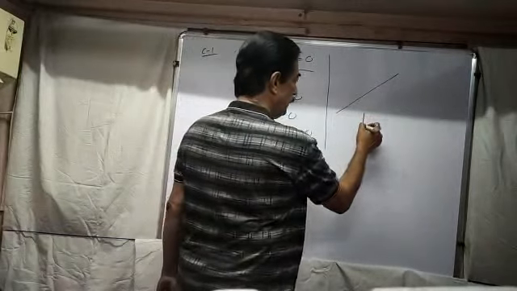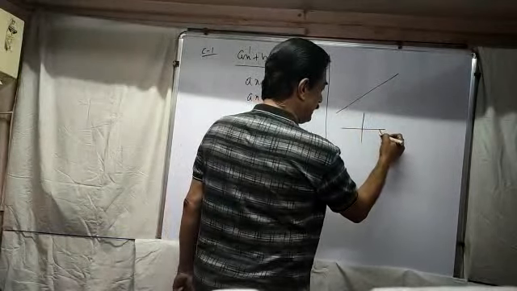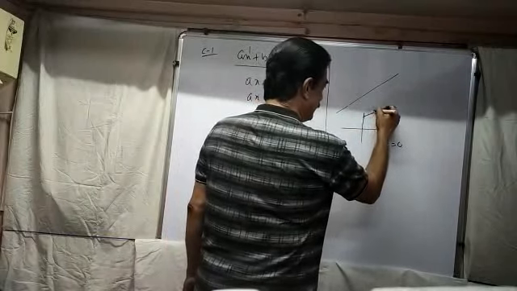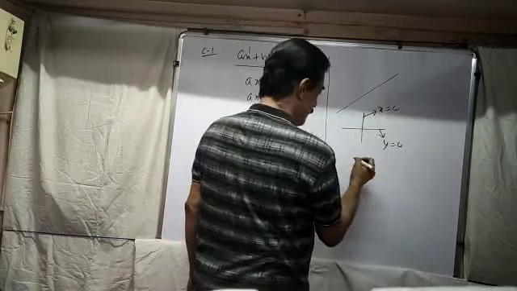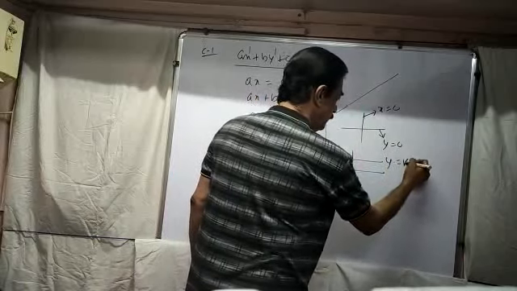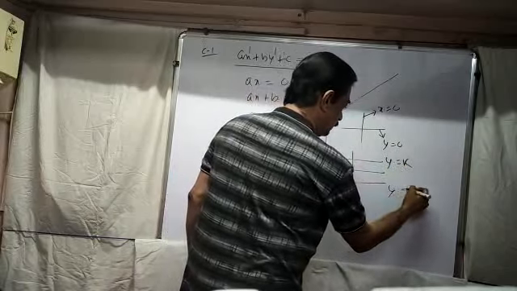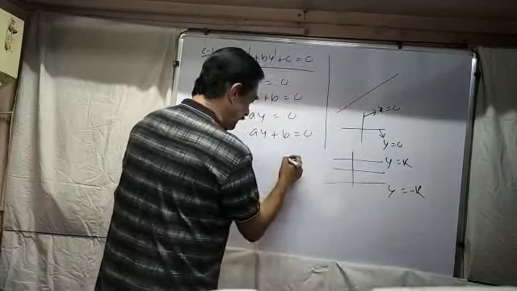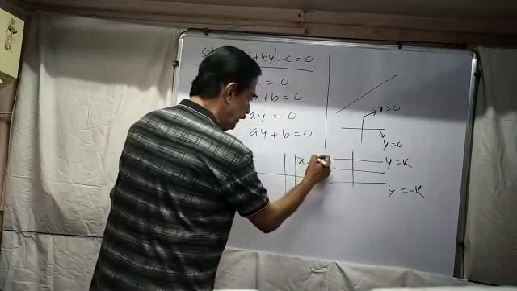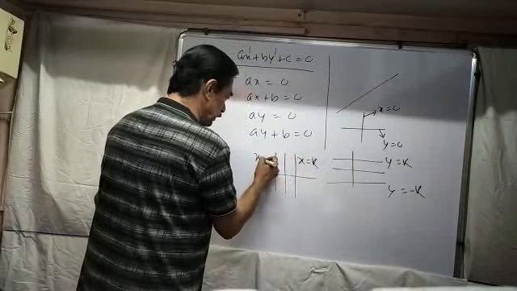Number 1, you know, the equation of the x axis is y equal to 0, the equation of the y axis is x equal to 0. If the line is parallel to the x axis, y equal to constant, and for the lower portion y equal to minus constant. If parallel to the y axis, x equal to constant, and on the left side x equal to minus constant.